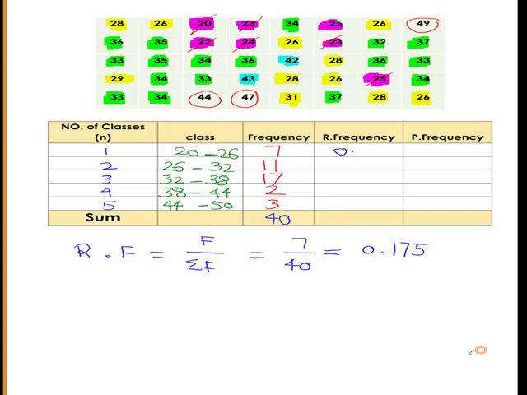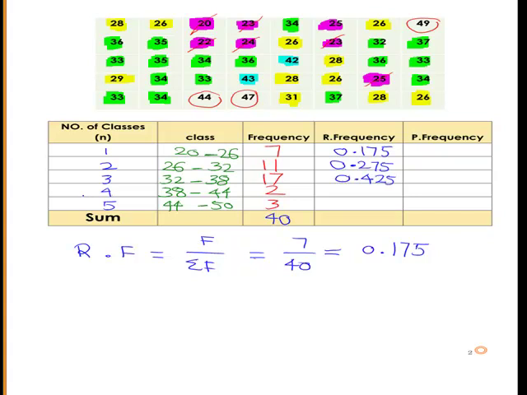So it's equal to 0.175. And I will do the same thing for the second class. So the frequency here is equal to 11. So it will be 11 divided by 40, which will be equal to 0.275. Then for the third class, it will be 17 divided by 40, which will be equal to 0.425.